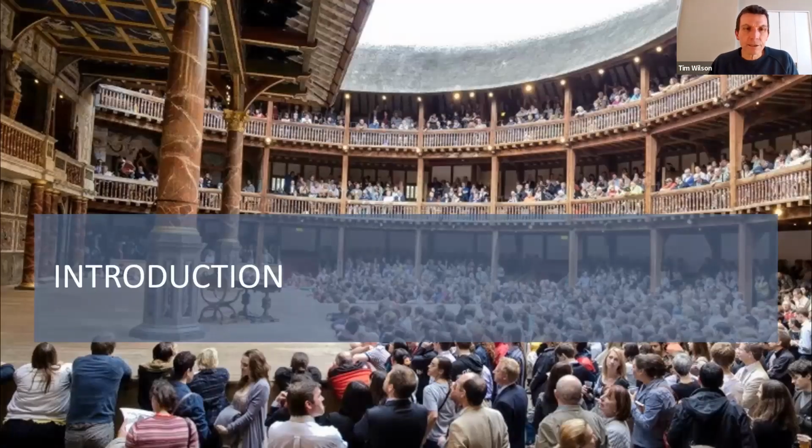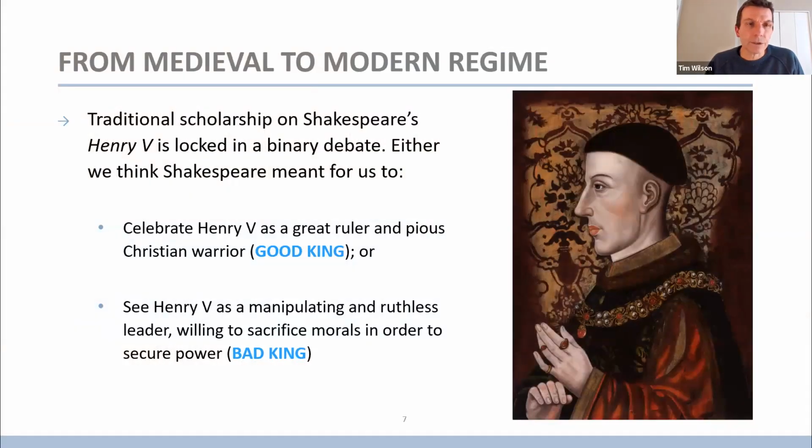Now let's get to some of the background and overview of what's beyond the action, what some of the themes are that are at stake. So I mentioned in the introduction to Shakespeare's history plays that traditional scholarship on Shakespeare's Henry V is kind of locked in a binary debate.